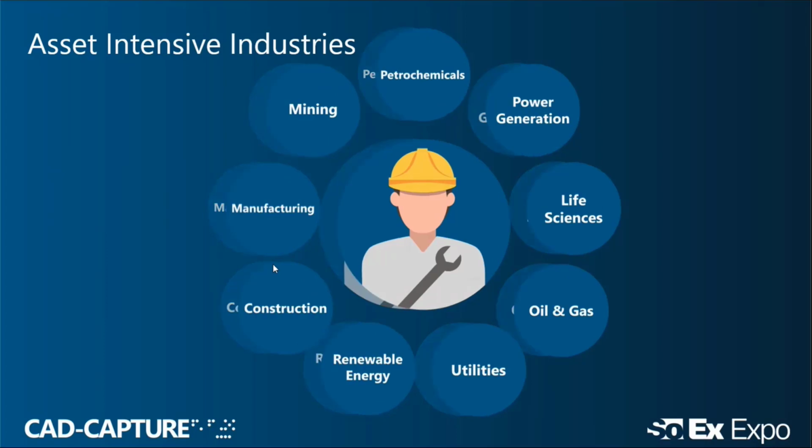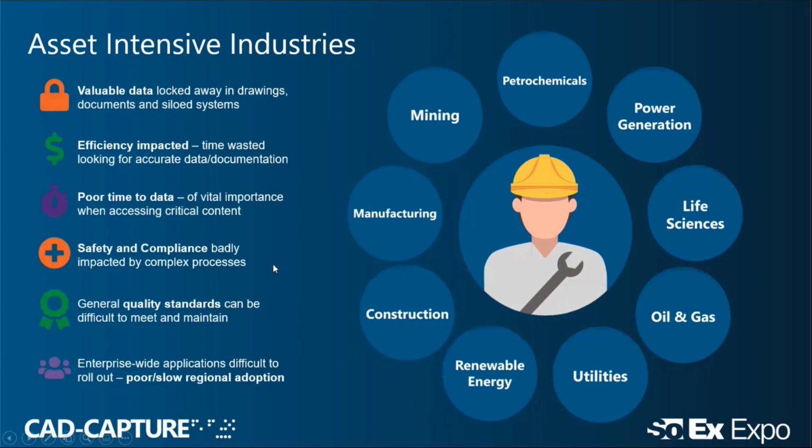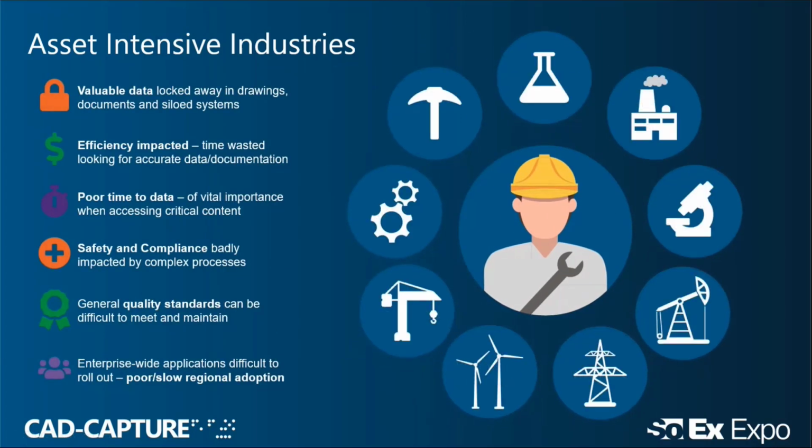Anyway, what we're seeing in these industries is very common. The thread is really that valuable data is often locked away in drawings and documents or in siloed systems. And this inability to access information effectively means efficiency of the general organization can be impacted, with lots of time wasted looking for accurate data and documentation.